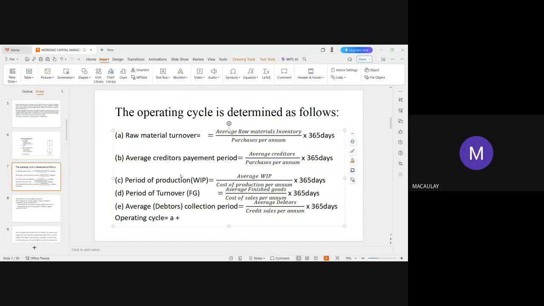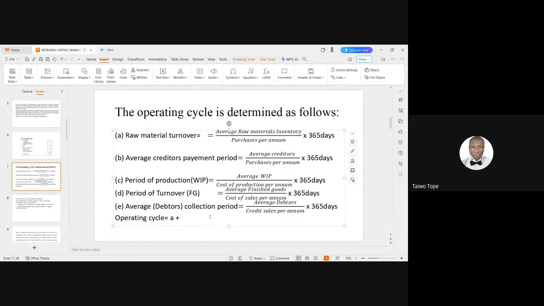Liability. What do you think will happen to that? You minus it. Fine, let's minus it at the last point so that we have the items of current assets in one place. Then we just deduct. So the operating cycle will be A.